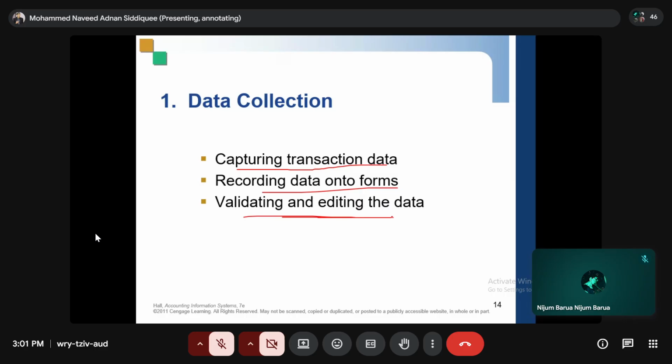For example, a Coke bottle, the small bottle, the price of the bottle is 25 taka. Now suppose when the barcode is scanned, instead of 25 taka, because of a technical malfunction, the value is written down as 250. Automatically, the software will flag it. The software will identify that there is a mistake because there are checks and balances to identify the mistakes.